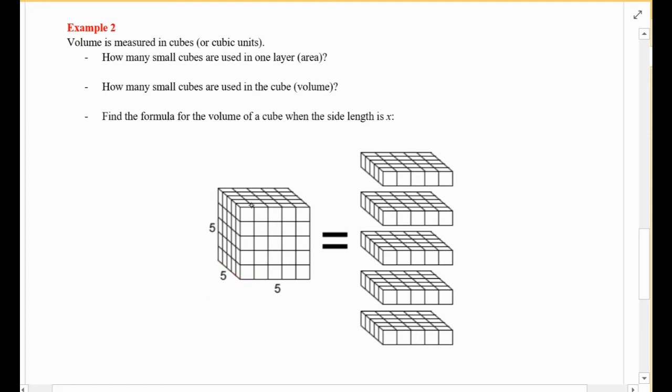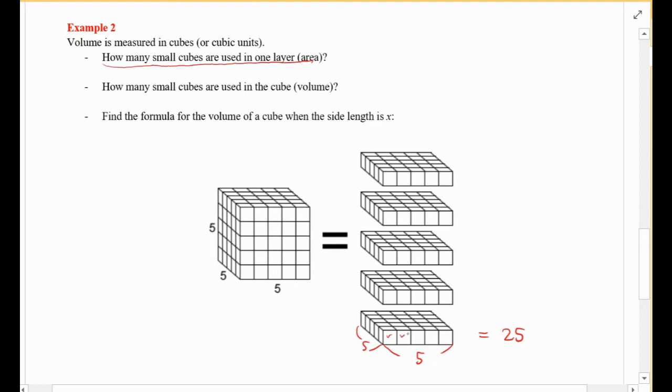Then you can find the volume by finding how many small cubes are used in the first layer. So in the first layer, how many small cubes are there? So you have 5 by 5. And if you multiply 5 by 5, there are 25 small cubes. Is that right?